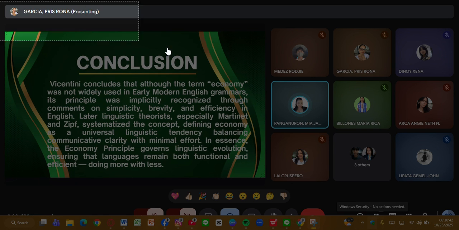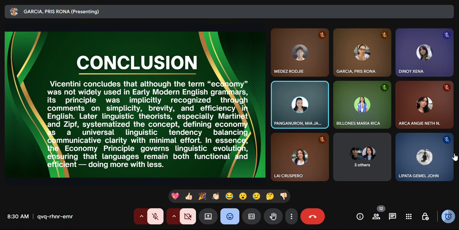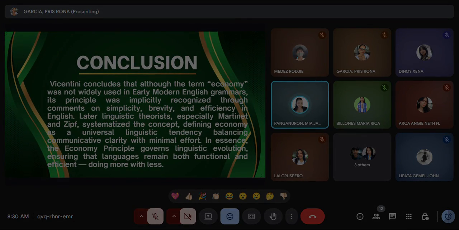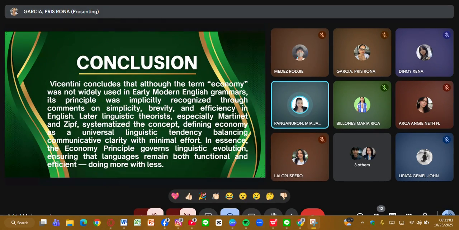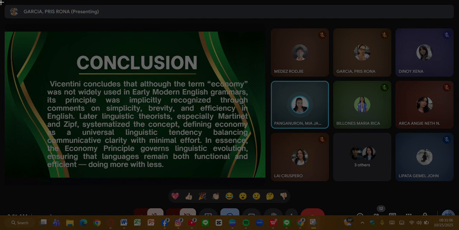They believed that good communication should express ideas clearly without unnecessary words or complicated structures. This shows that even before the concept was formally named, people already recognized the importance of using language in a practical and balanced way.